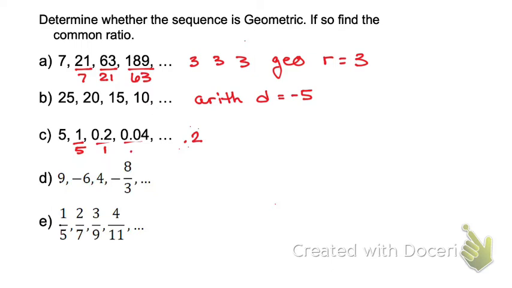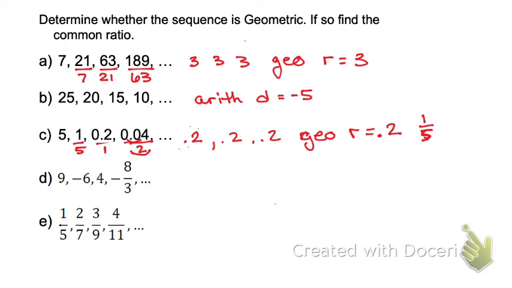Just all 0.2. I was kind of messed up right there. So I get 0.2 for the second, and then I move this, and it looks like I have 0.2 again. So it is geometric, and R is 0.2. I personally would write 1/5 because if I have to take 1/5 of the numbers, it's easier for me to think about than multiplying by 0.2, and I don't know why.